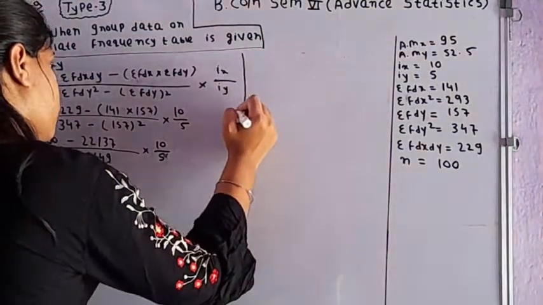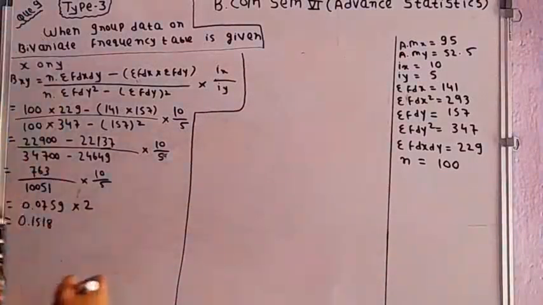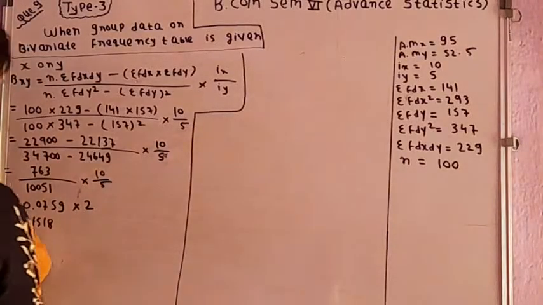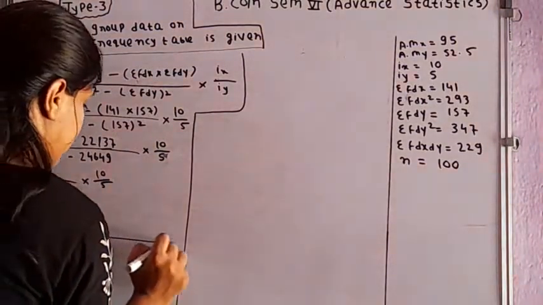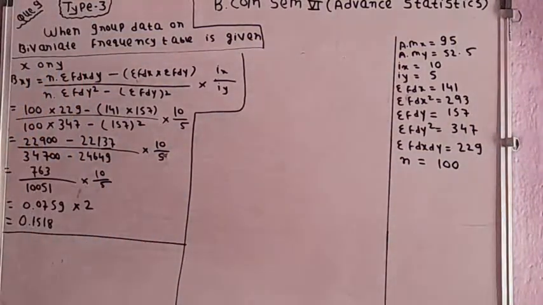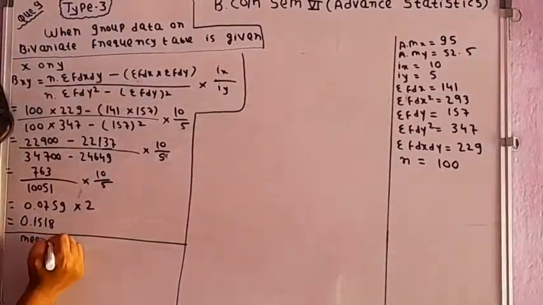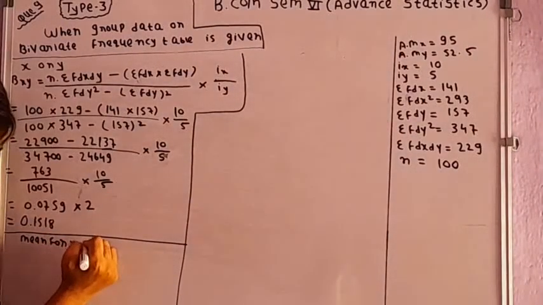Now what we have to do next? Next we have to compute the mean for x series and the mean for y series. So let's compute the mean for x series first. What's going to be the formula?